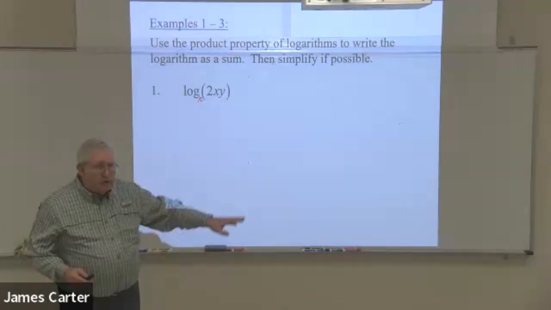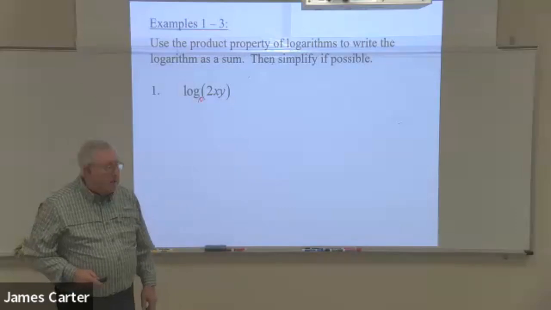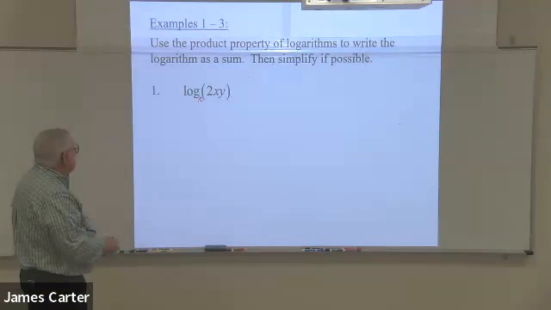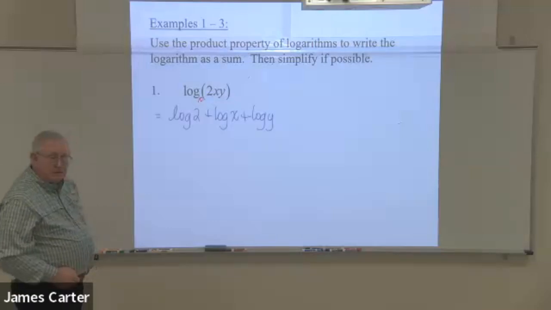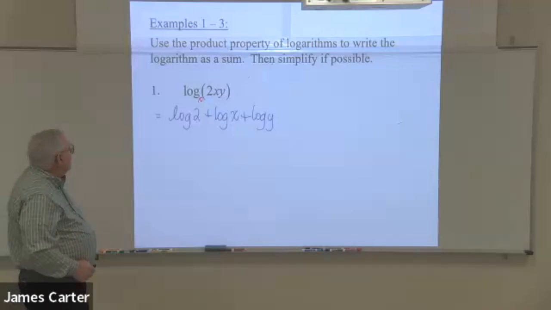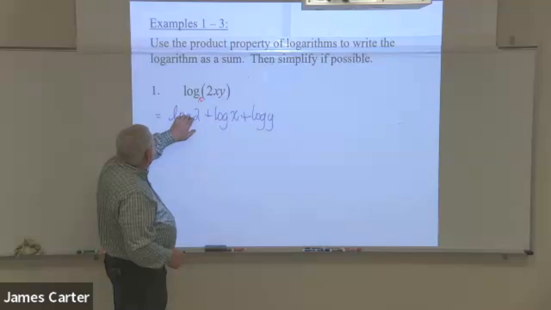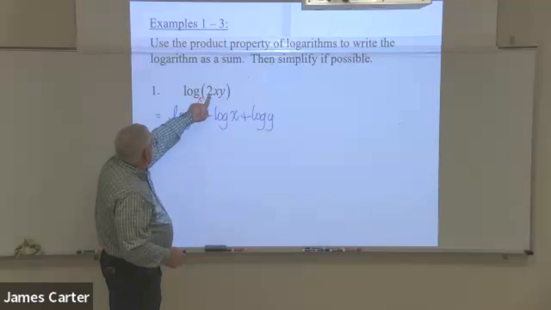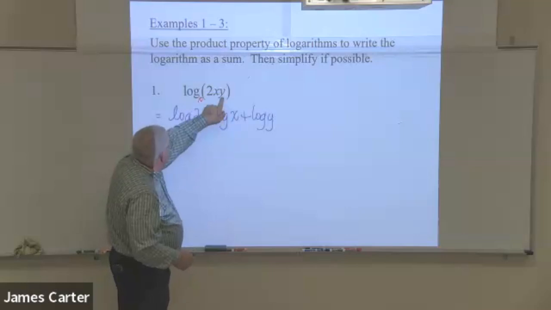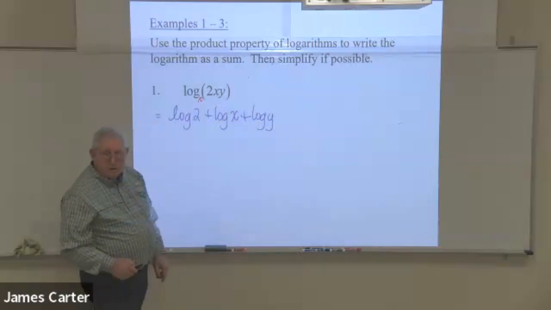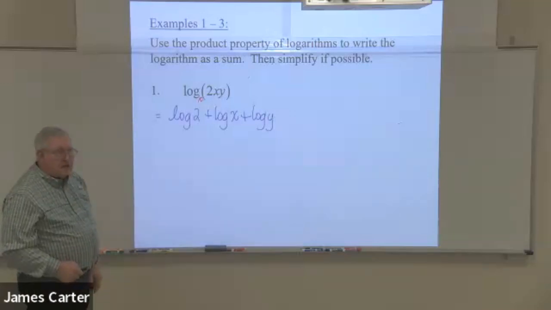We don't know until we get through expanding it. So what we're going to do with this then is convert it into that. Log 10 of 2 plus log 10 of x plus log 10 of y. Okay, that's that expansion.